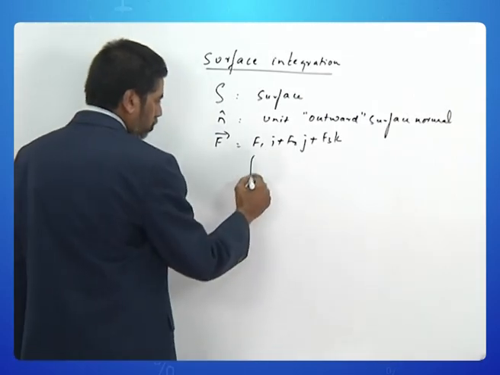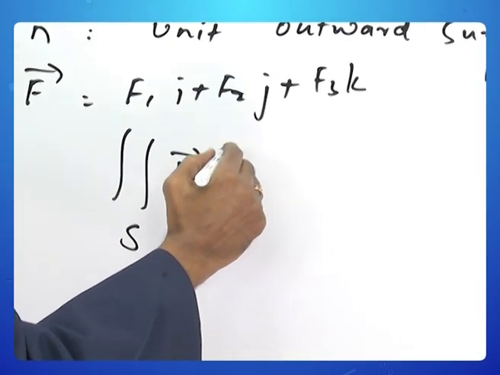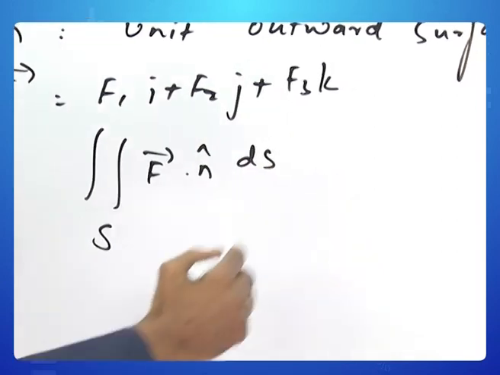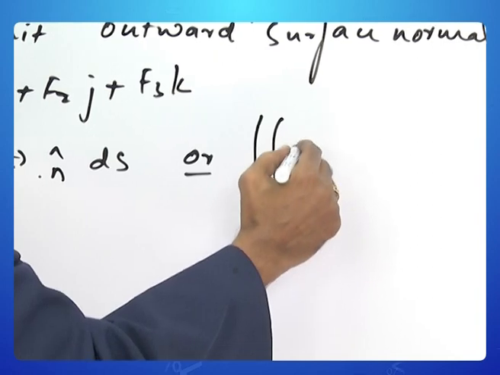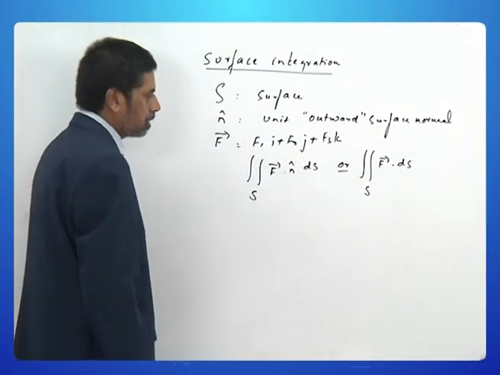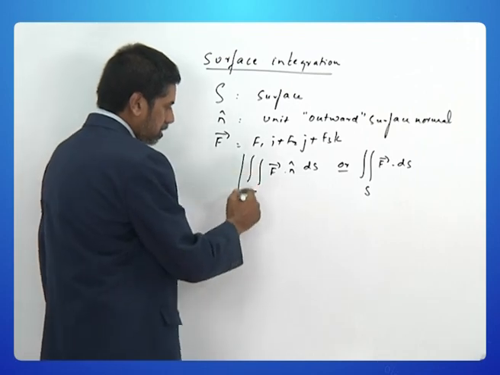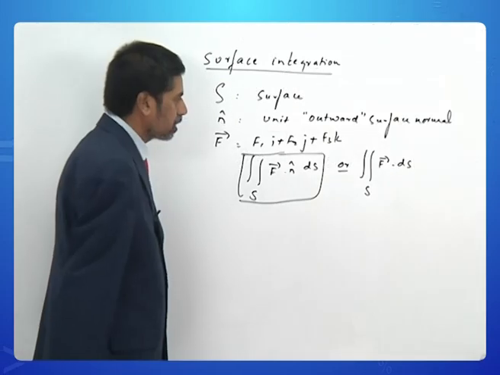So we are trying to evaluate what is known as the surface integral F dot n cap ds, or sometimes this is also written as integral F dot ds. Ultimately, it is this that we will have to remember for evaluation.